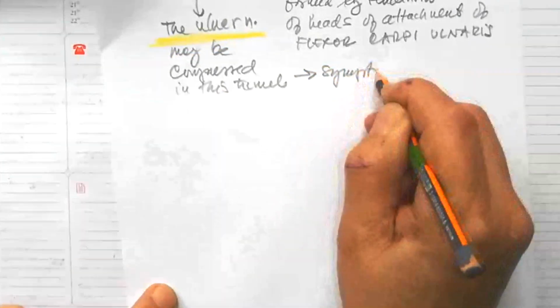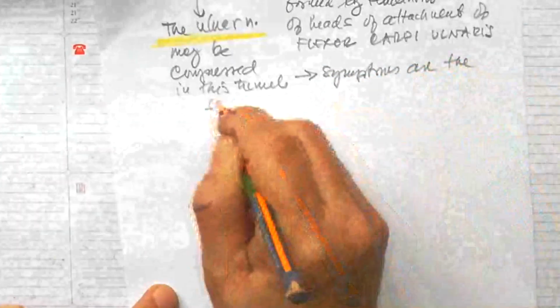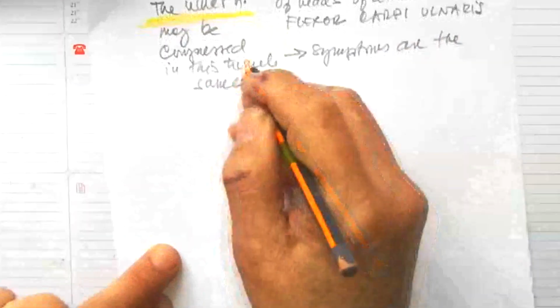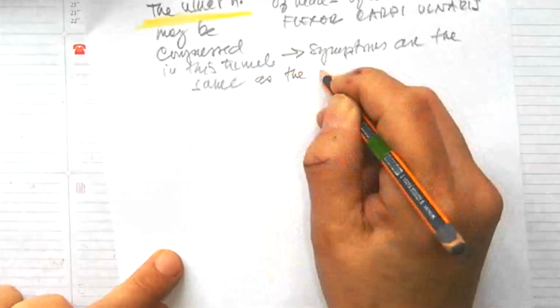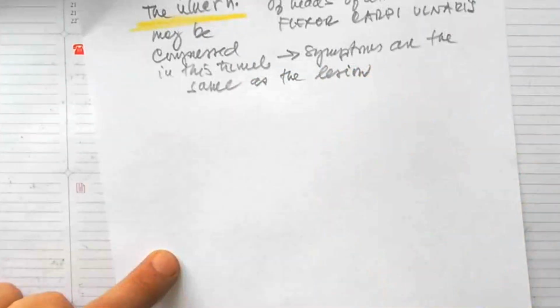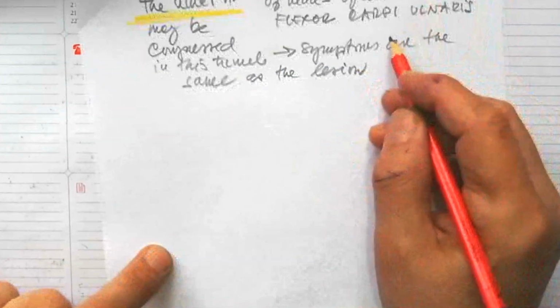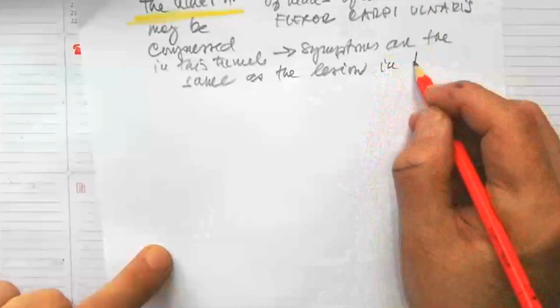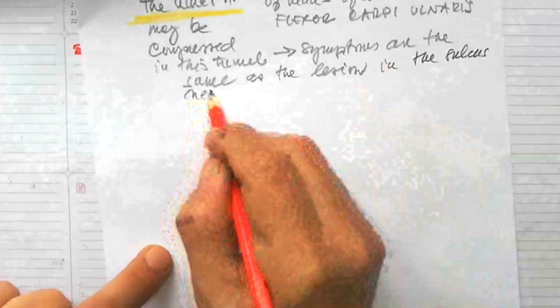We would say symptoms are the same as the palsy, as the lesion or palsy. Both words are correct. As the lesion in the sulcus nervi ulnaris.